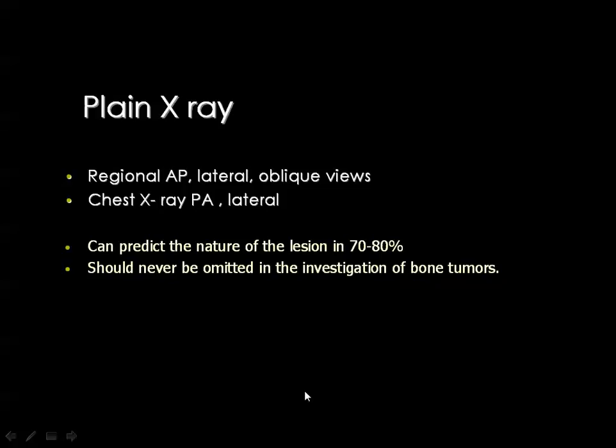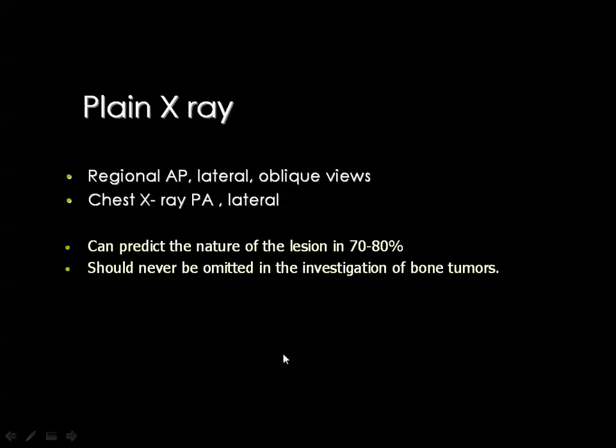Actually, we should know that the plain X-rays are very important in the evaluation of bone tumors, since they can predict the nature of the lesion in about 70 to 80% of the cases. And there are some recommendations that the plain X-ray should never be omitted in the investigation of bone tumors.